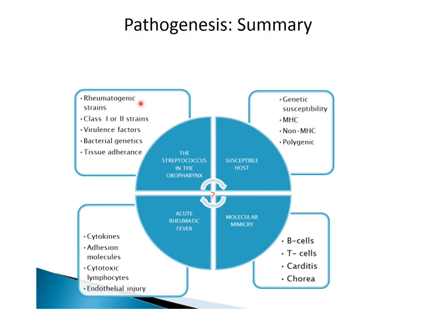This is a very simple thing, but it gives you the idea of how things can develop stepwise. So let us recapitulate: the group A strep, the susceptible host, the molecular mimicry, and then the rheumatic fever or the injury of the different tissues, the heart mainly, chorea in the brain, the joints with arthritis, and the skin as subcutaneous nodules and erythema marginata.